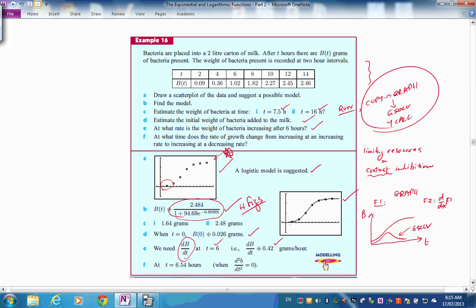And then at what time does the rate of growth change from increasing at an increasing rate to increasing at a decreasing rate? That's the point of inflection. And that's what they've got there, and you would use your formula approach for that.